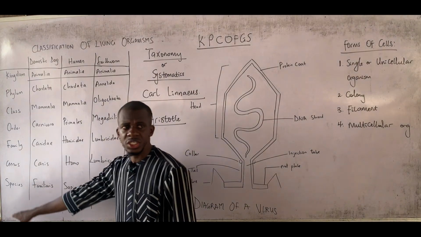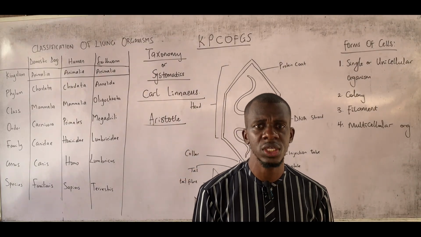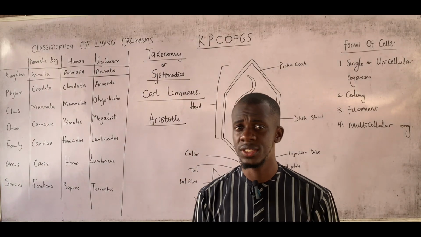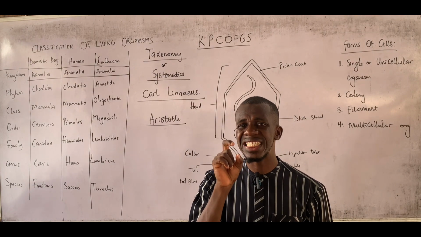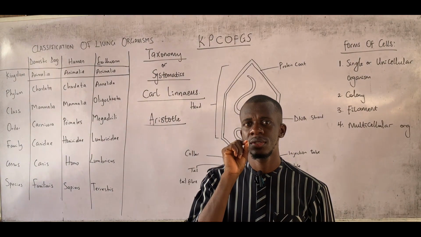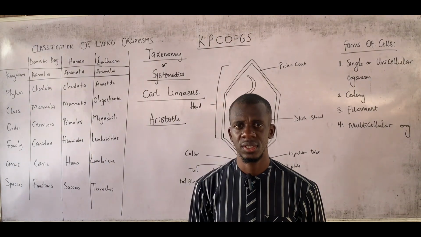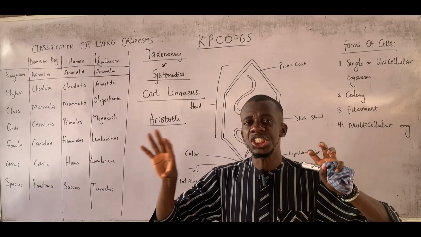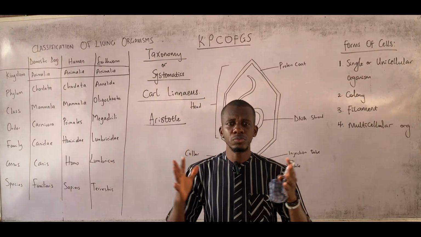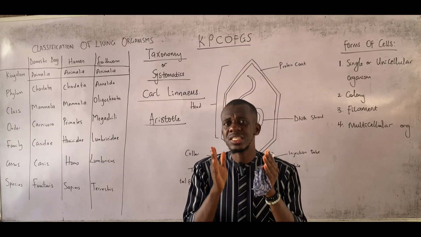Species are the only level of classification whose members can interbreed. This means mating is possible among species. Just the way we have different breeds of dogs, and they can come together and mate.